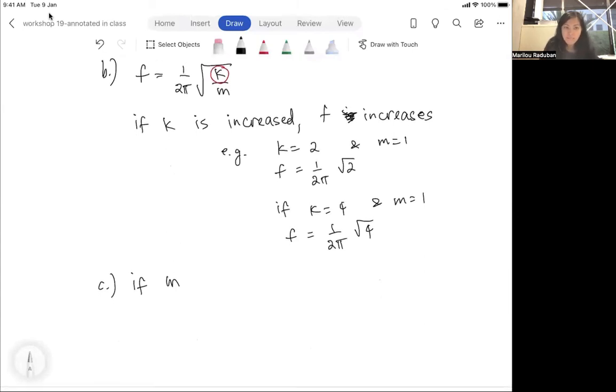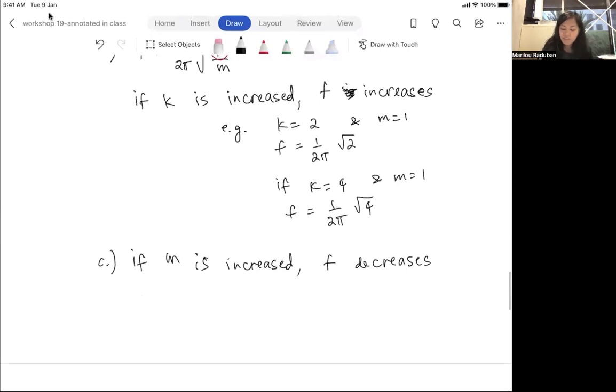That means that frequency is inversely proportional to the square root of the mass, which means that if mass is increased, then the frequency should decrease. And you can do the same thing that we did for spring constant.